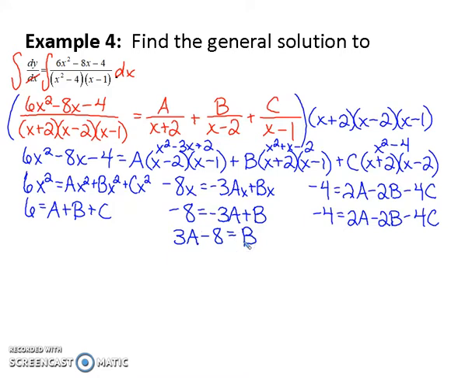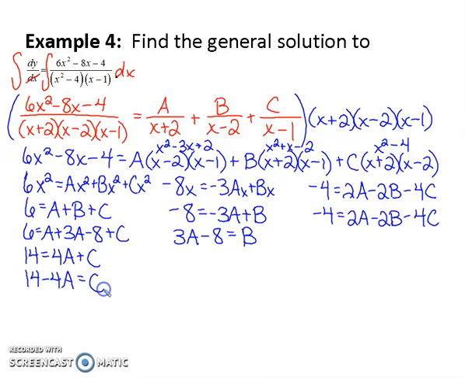Then I could go to either the first or the third. If I go to the first equation, I then have A plus 3A minus 8 plus C. Add the 8 over here, we get 14 equals 4A plus C, or C equals 14 minus 4A.